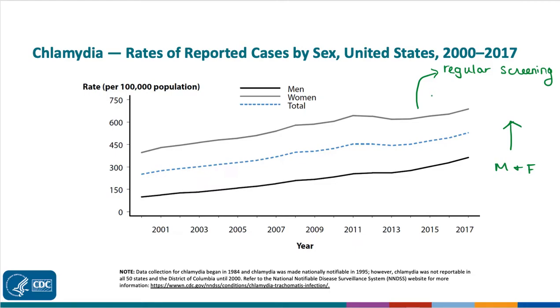In addition to looking for irregular cervical cells, they'll look for bacterial infections as well. And then the other reason might be they might be more likely to experience symptoms. So the increase in reported cases in females compared to males may be a reflection of these things rather than males not having the infection.